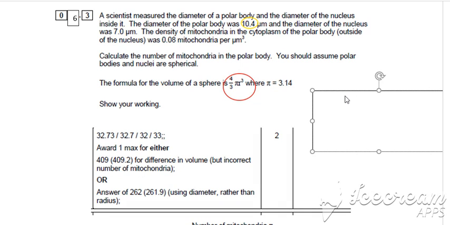So we're going to do 4 over 3 and we're going to multiply that by pi, which they've told us is 3.14, or you can use the pi button on your calculator, and then we're going to multiply that by the radius, which is 5.2, because it is half of the diameter, and that 5.2 is then going to be cubed.